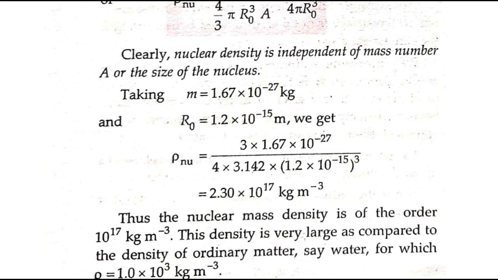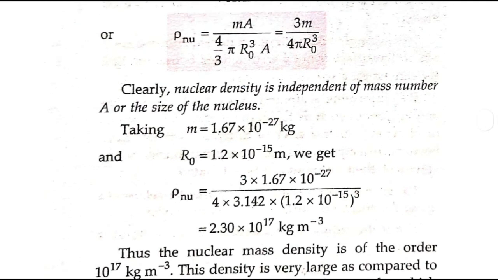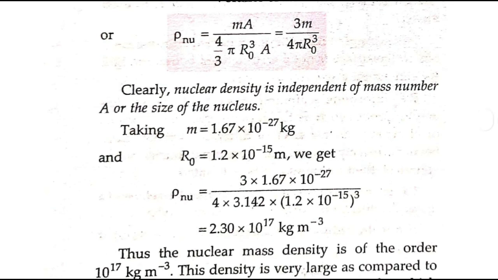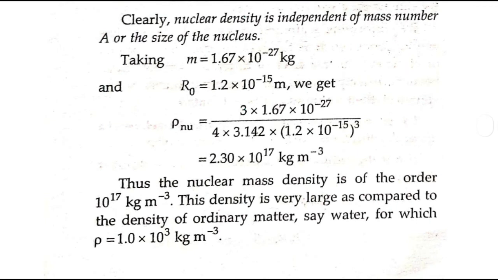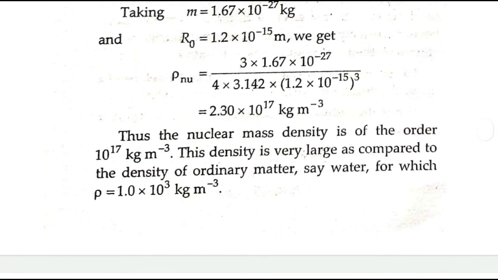So nuclear density is independent of mass number or size of the nucleus, because the expression involves only constant terms. It is of the order 10 raised to 17, and this density is very high as compared to the density of ordinary matter. Okay, so nuclear density is very high.